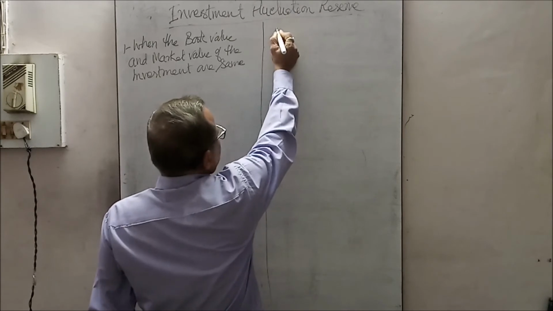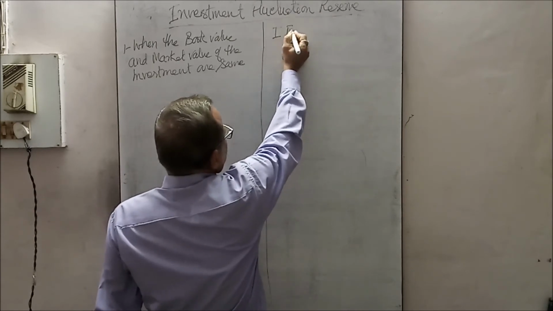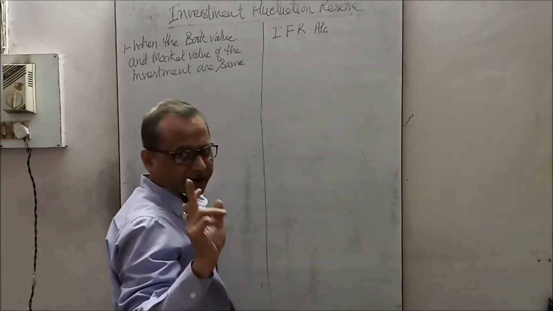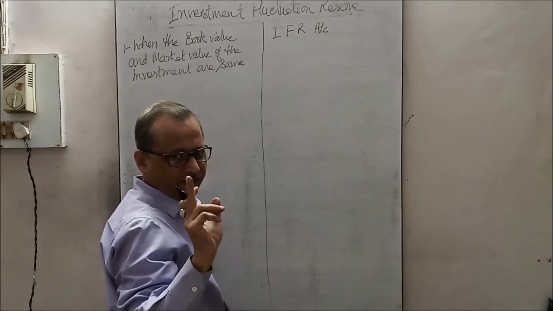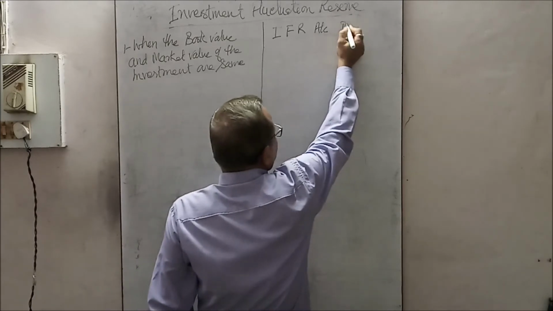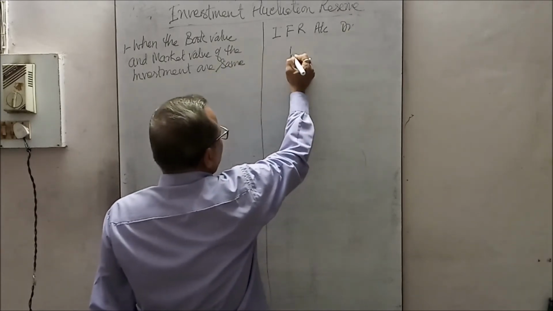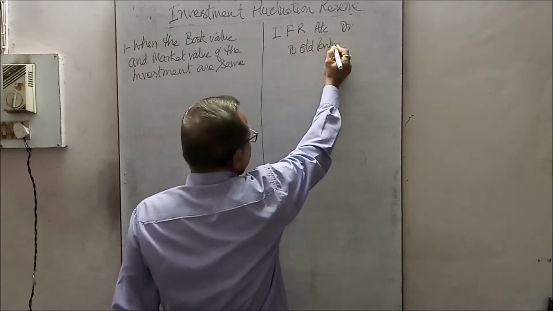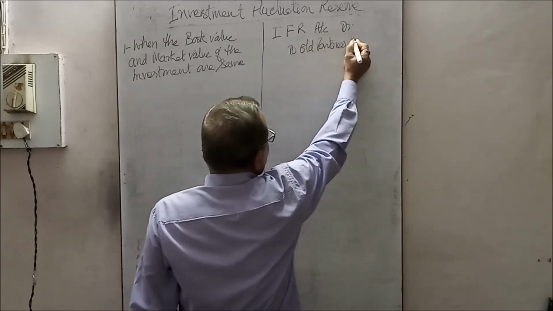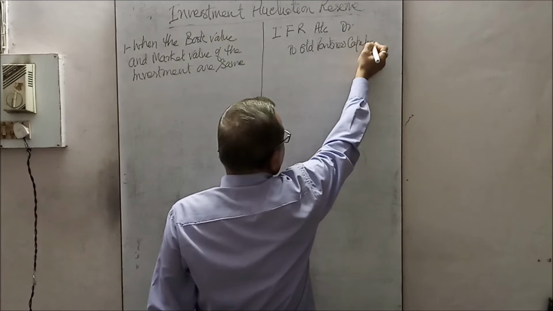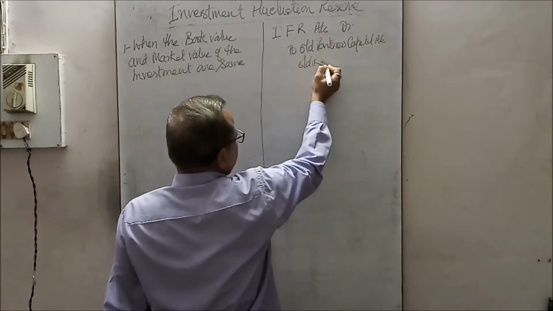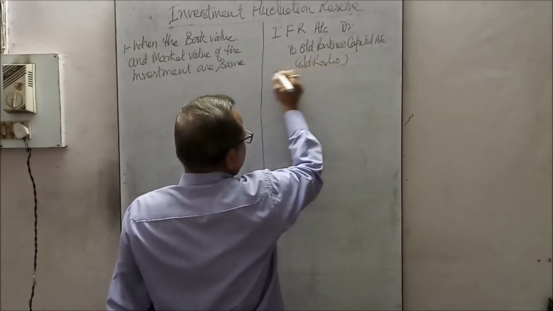And then we pass investment fluctuation reserve account debit, whole amount of reserve, remember it, whole amount of reserve, in this case to old partners' capital accounts in old ratio.